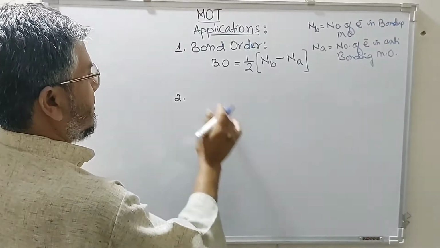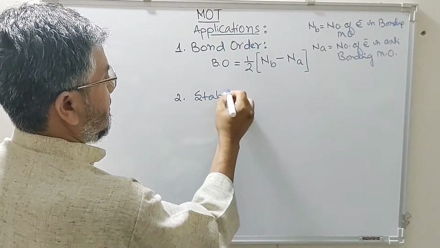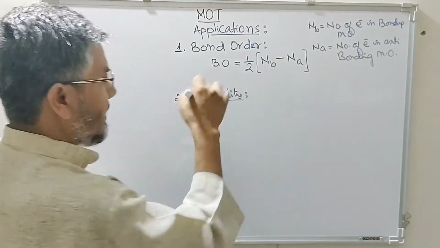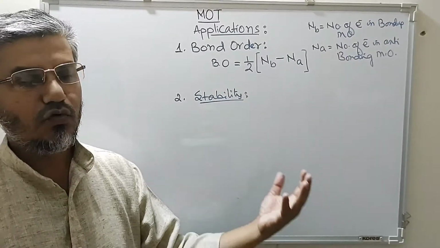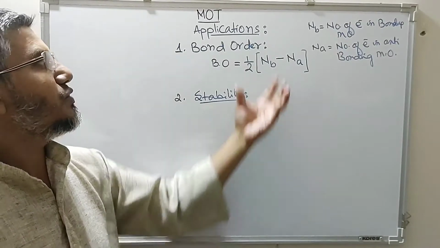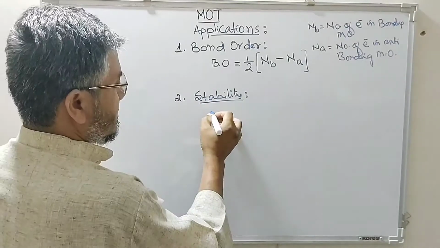Then stability. Whether a given molecule is stable or not, we can also define by use of this molecular orbital theory. Now look at this.